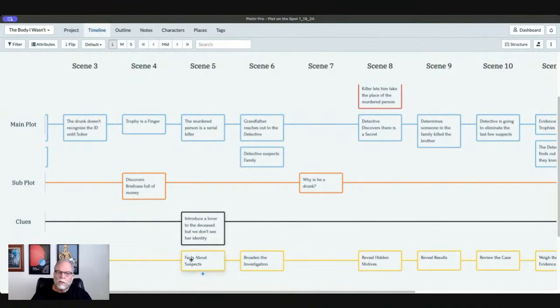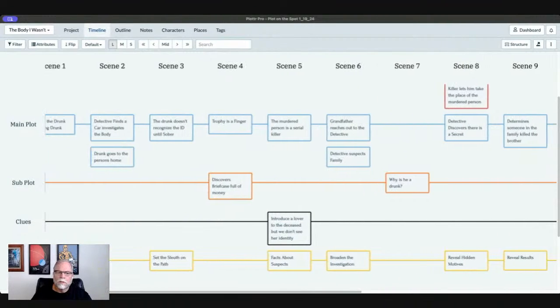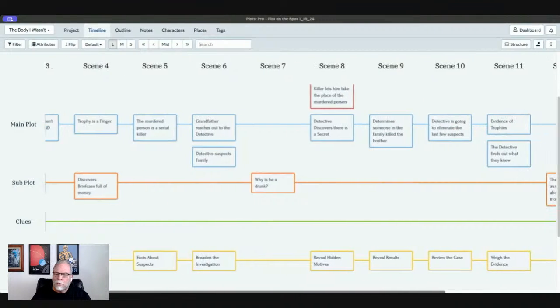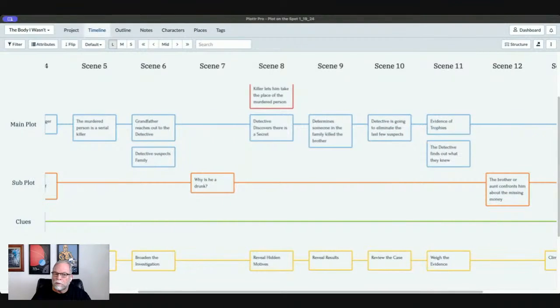And we could do that at almost any point along the clues timeline. We could even move that back here. Okay, so we could introduce the person as kind of a subplot here, or maybe when he even discovers the body. Okay, does that make sense, everybody? And I'm going to turn this green because I want my clues subplot to be green.